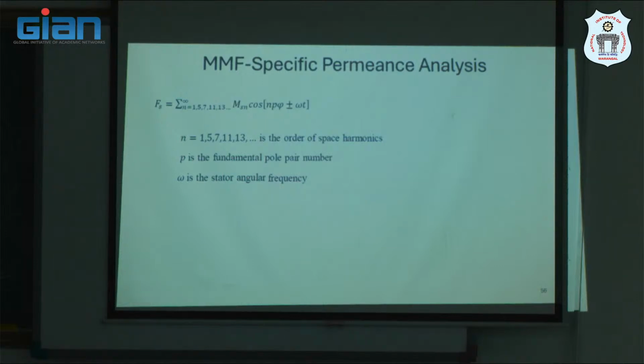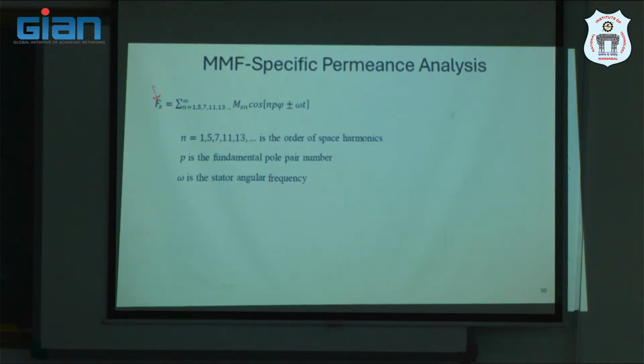Now to capture the MMF due to the winding distribution and the space harmonics associated with that, typically we can write a mathematical expression as given on the slide. If the MMF in the stator winding is given as F subscript S, we get different orders of harmonics.